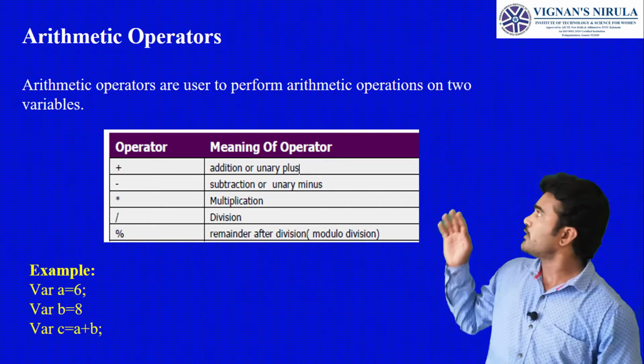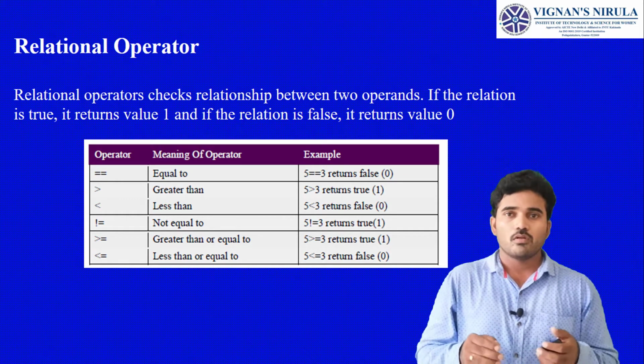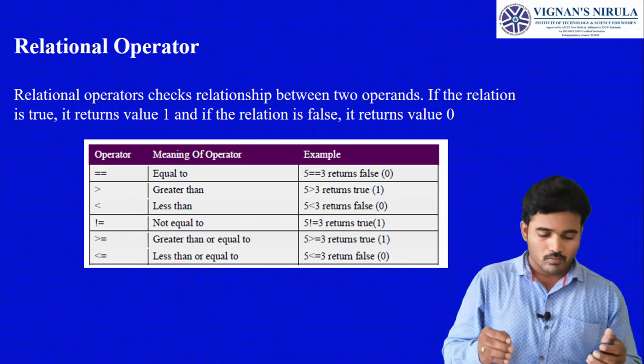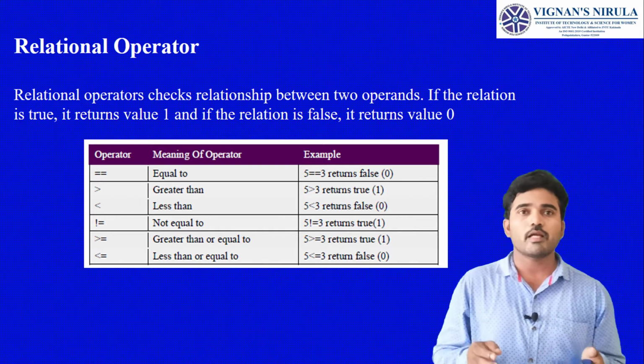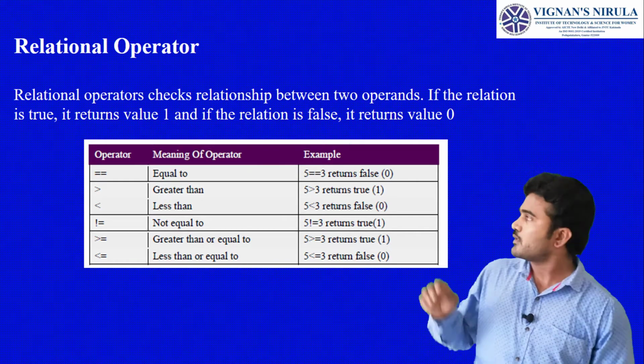Then the next one is relational operators. These relational operators are used to check the relationship between two operands. If the relation is true, then it returns the value 1, otherwise it returns the value 0. What are the operators?